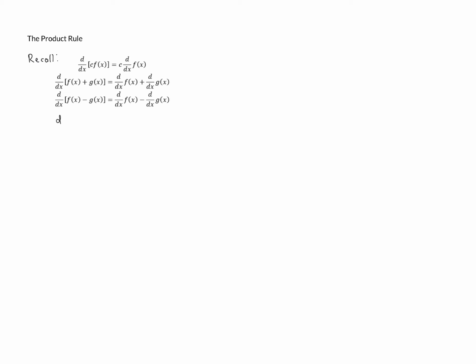Now, what I mean by that is that if we want the derivative of a product of functions, f of x times g of x, we might hope that that is equal to the derivative of the first function times the derivative of the second function.